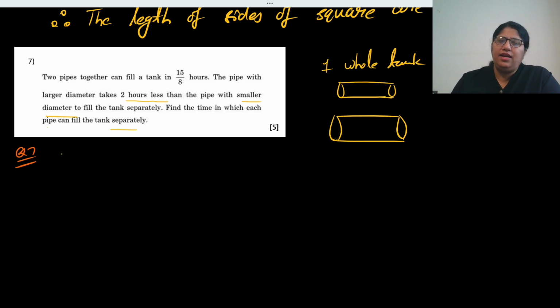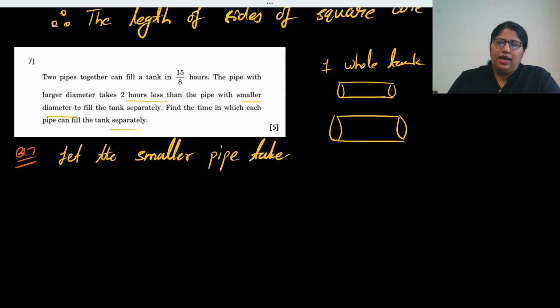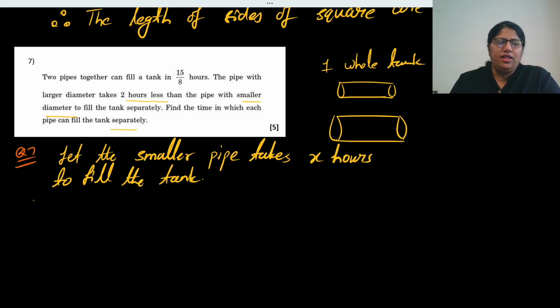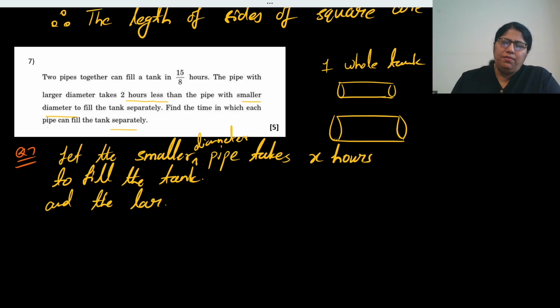So first thing, I don't know how much time it's going to take. So first let us take, let the smaller pipe take x hours to fill the whole tank, right? Then how much time will the larger diameter pipe take? Smaller pipe means smaller diameter pipe, okay? So you can mention here smaller diameter pipe, and the larger diameter pipe.